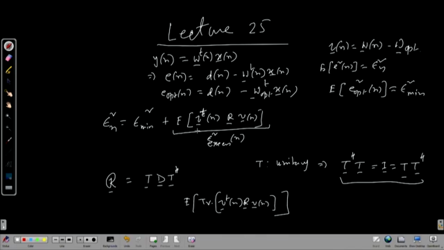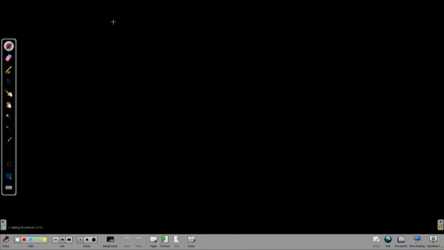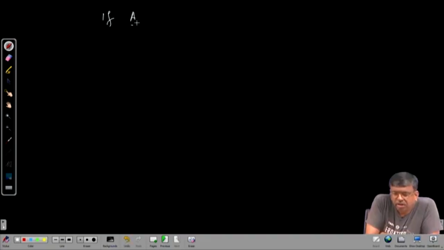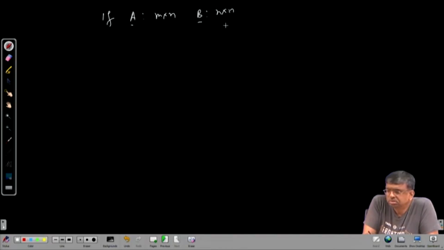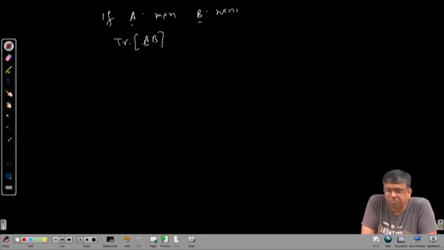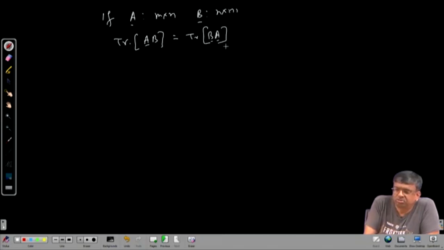Now, there is a result that if A, suppose, is an M cross N matrix and B is N cross M, then the trace of AB, which is an M cross M matrix, the trace of that square matrix is the same as the trace of BA, which is an N cross N matrix.